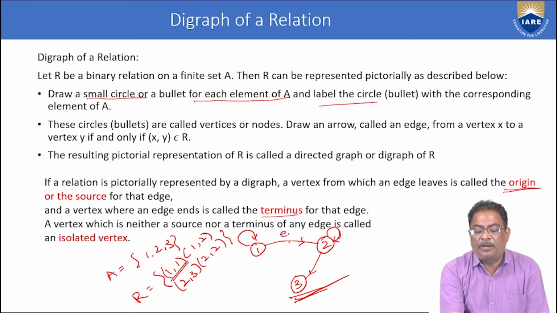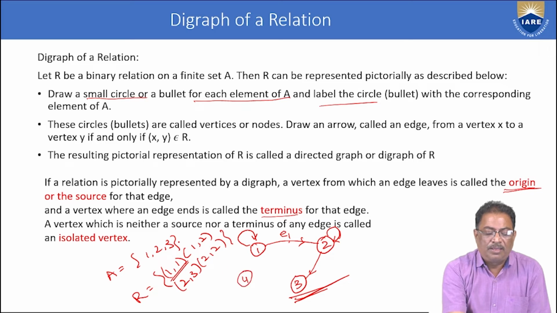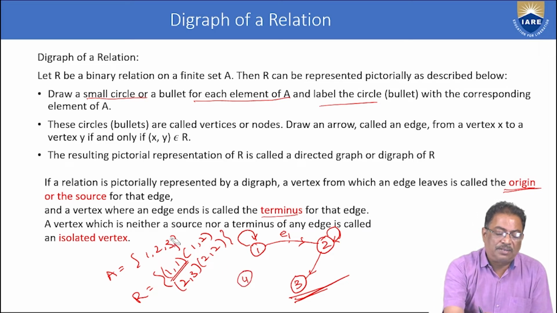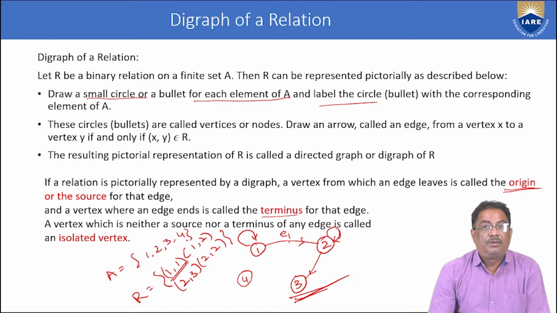Suppose I take E1: the origin of E1 is node 1 and the terminus is node 2. Suppose I consider another node, let us take 3 and 4.